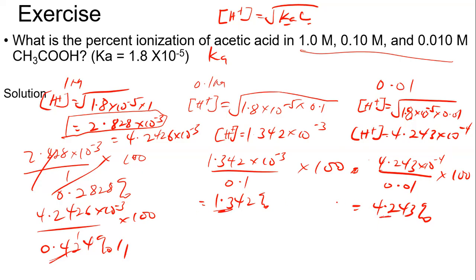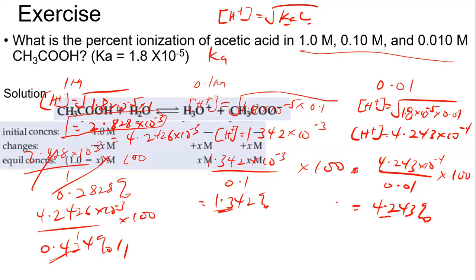You realize that as the concentration is becoming small, the percentage ionization is increasing. That is to say that upon dilution, there are more ions dissociated into solution. So that is the general fact that we want to deduce from this, that when you dilute a weak acid more, you make it dissociate more to produce more ions in solution, right?